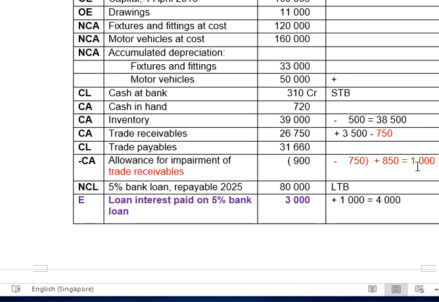So go up here to accumulated and add in 32,000. Because the asset lost 50,000 of its value in the previous years, and it loses another 32,000 in the current year. So the total accumulated depreciation becomes 82,000 in the balance sheet.